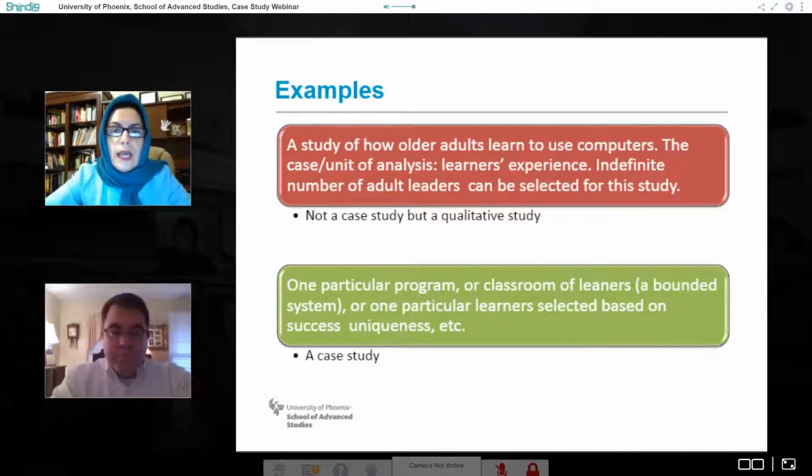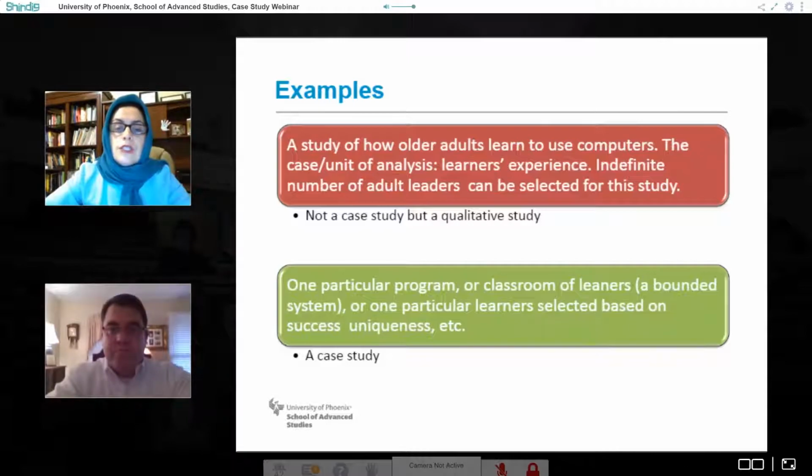But we can have an unlimited number of adult learners for this study. We can have any adult learners who have experience working with computers. So then this is not a right study for a case study. It can be a qualitative study with another design, but not a case study.